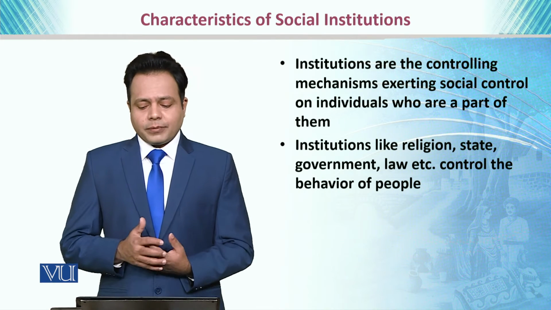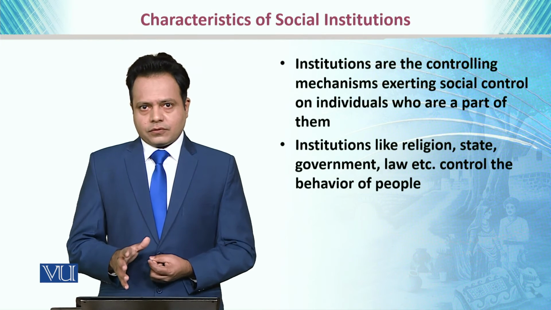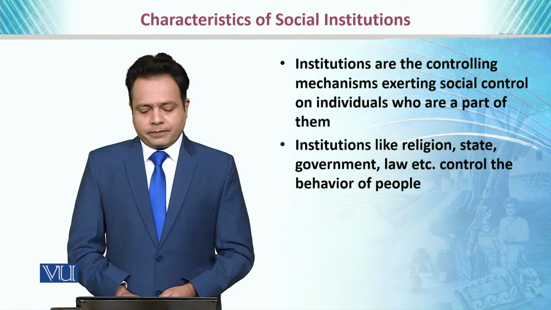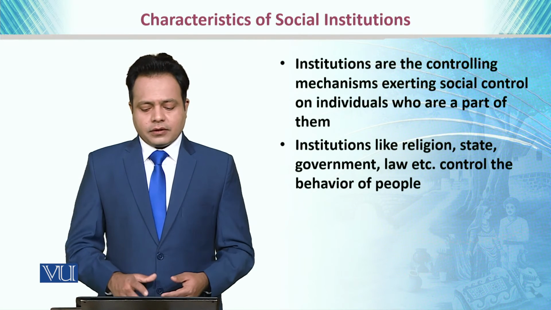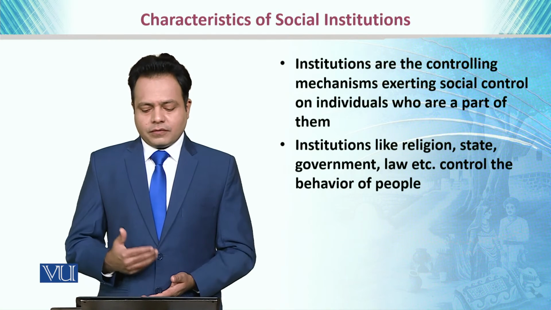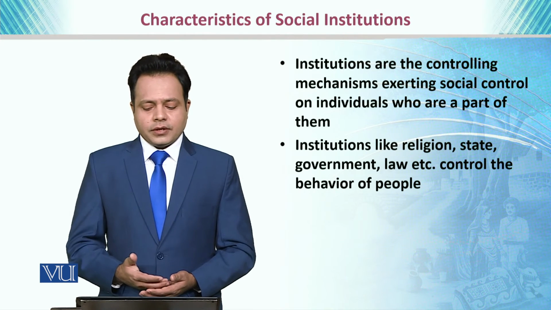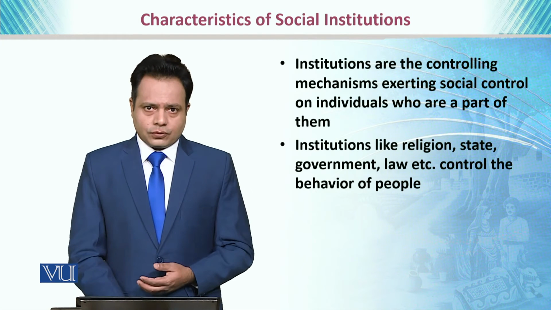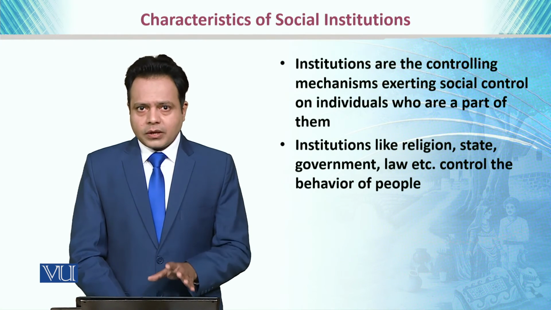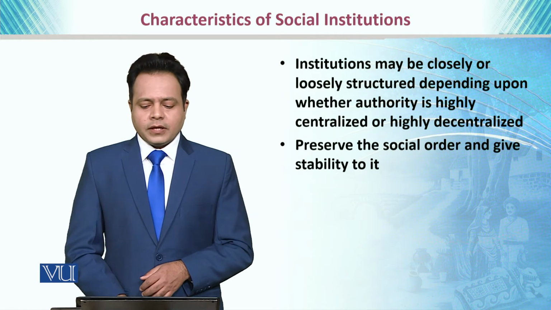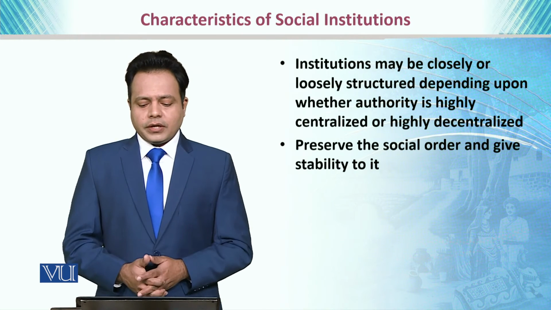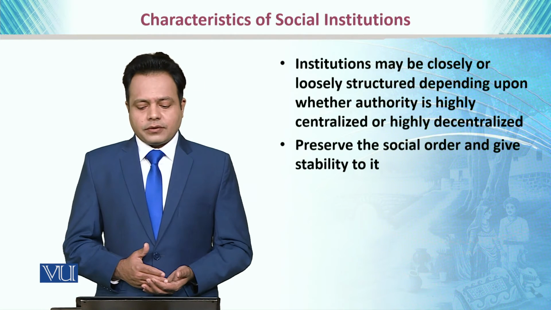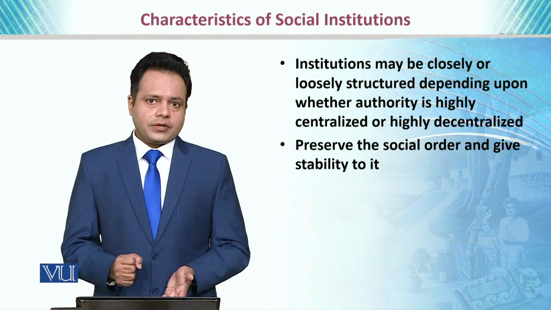Institutions are controlling mechanisms which exert social pressure or social control on the individuals who are part of them. Institutions like religion, family, state, and government also control the behavior of people through patterns of socialization as well as formal mechanisms of social control. Institutions may be closely or loosely structured depending upon whether the authority is highly centralized or decentralized.